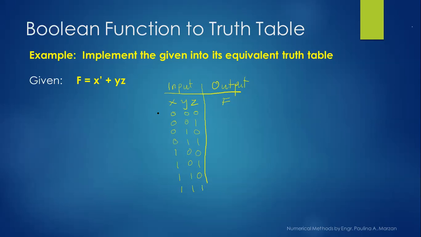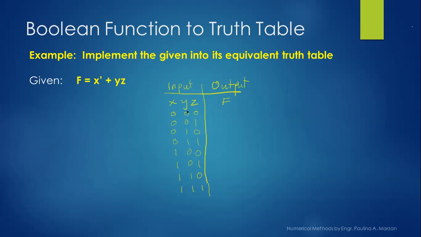To complete this table, we must have the values of our output f. And to get the values of f, we need to substitute each of the combinations of x, y, and z in our table.